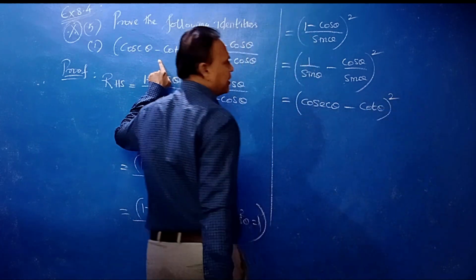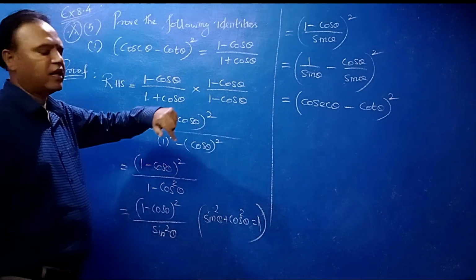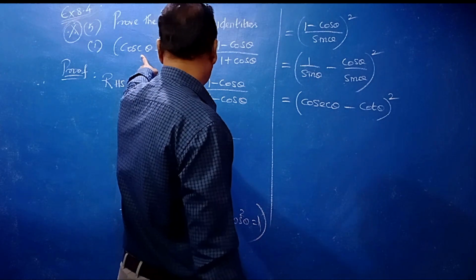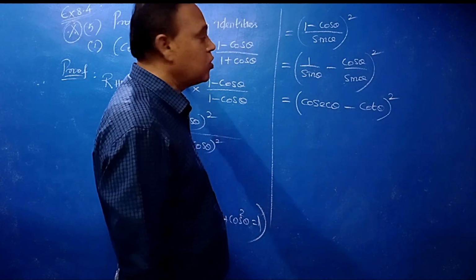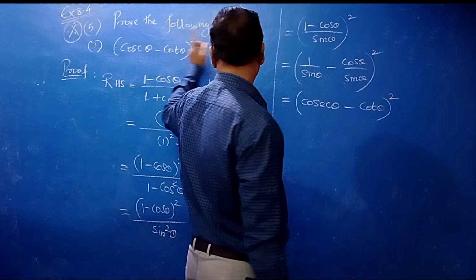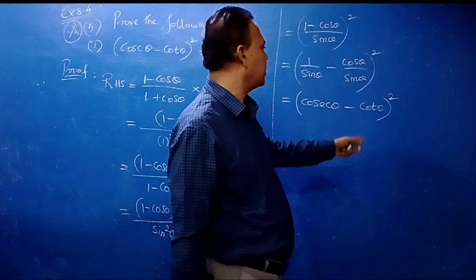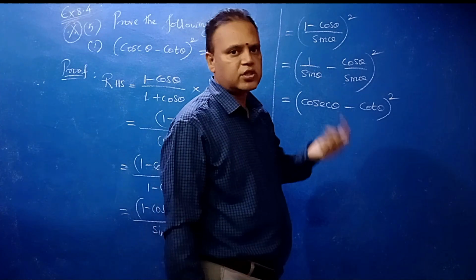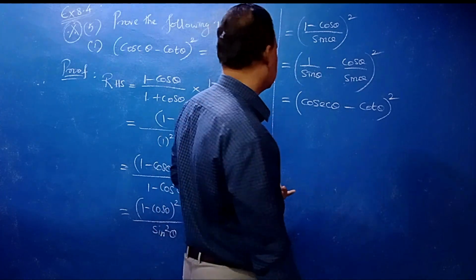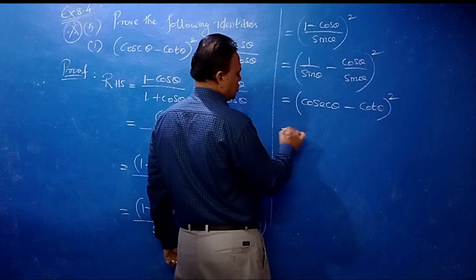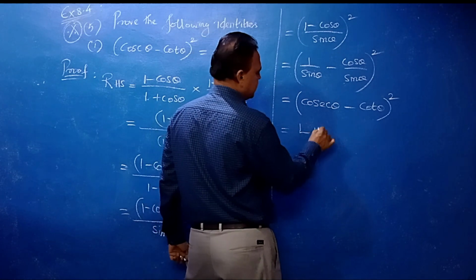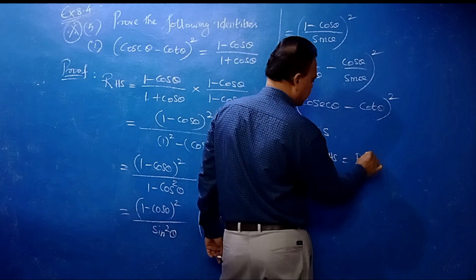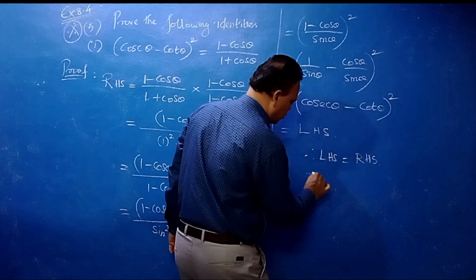Sometimes you have to see the result and write, so you will get the idea. We have to prove cosec theta minus cot theta, so 1 by sin means cosec theta, correctly we will write. Then cos by sin is cot theta. Just recall this. So that is the left hand side. Therefore, LHS equal to RHS. Hence proved.